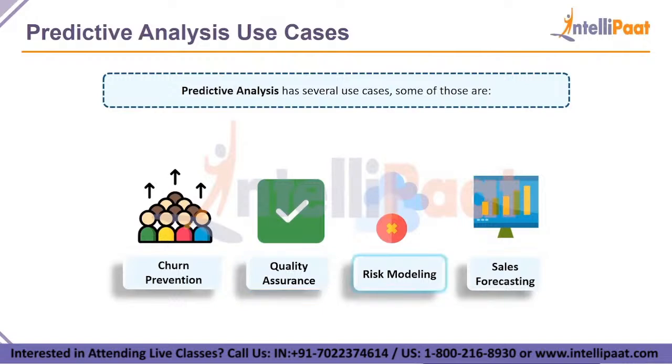Then there's risk modeling. As we have already seen, there are certain areas in which having a clear idea of how things are going to go in the future can be really beneficial. And in this scenario, risk modeling refers to that. What risk modeling allows us to do is figure out how much risk is going to be involved in investing in a particular strategy, investing money or time, however, but it could lead to drastic results in whether or not we should invest in a particular technology or strategy.